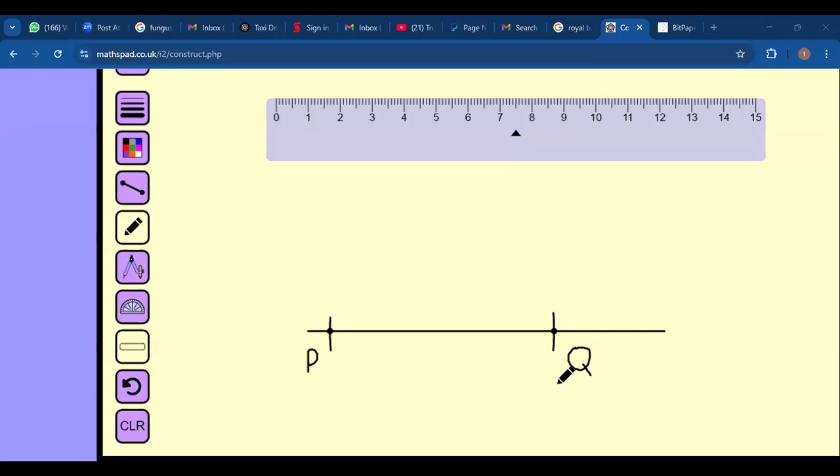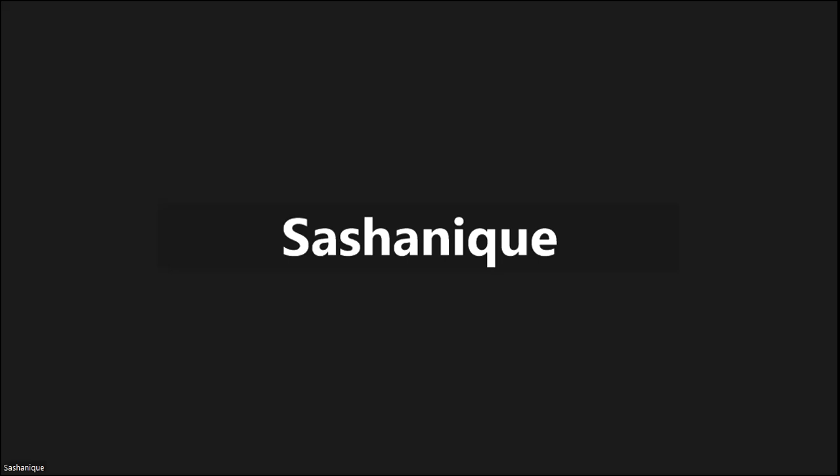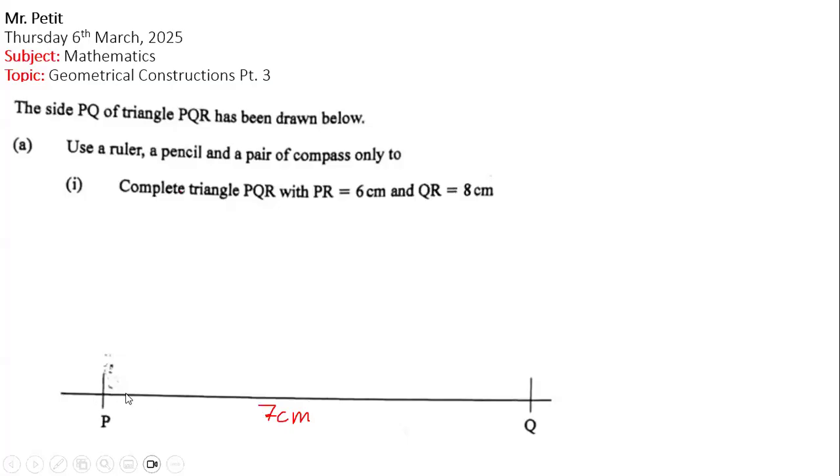Excuse me, Mr. Vitti, shouldn't that be QR? No, no. If you look at the question they gave us, we didn't have to invent it. They gave us the line PQ.